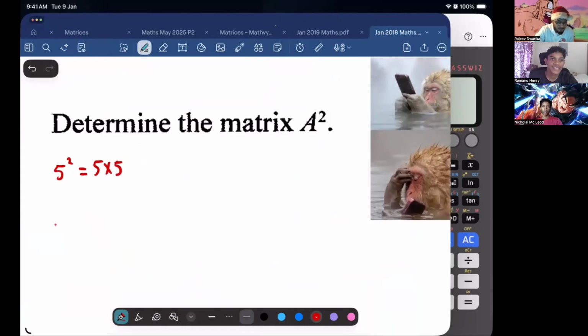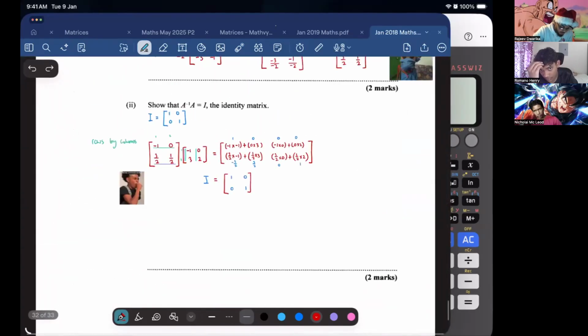Okay, so if you see A squared, apply the exact same concept: A by A. So you think you can multiply matrix A by itself? Yeah, sure. I'm sure.